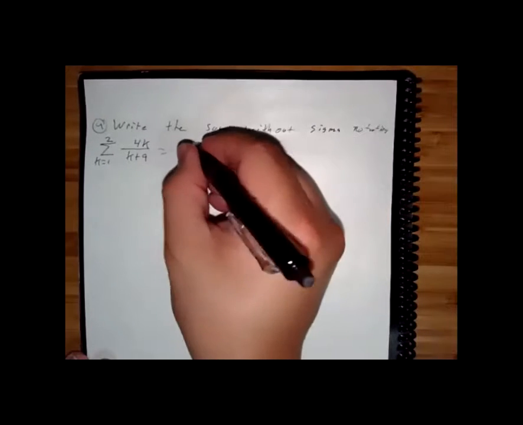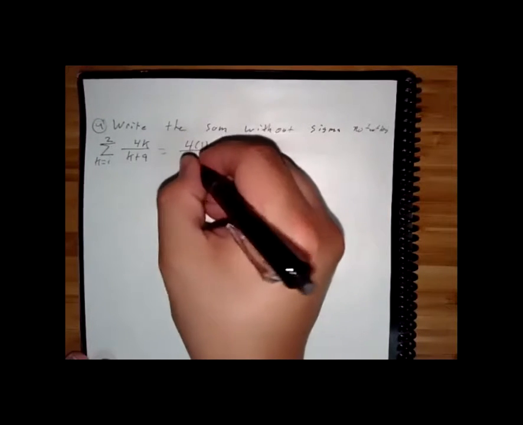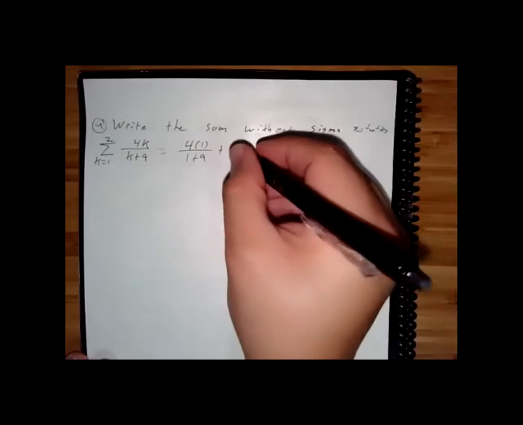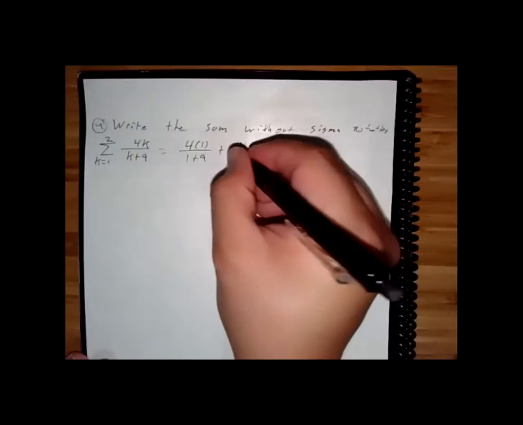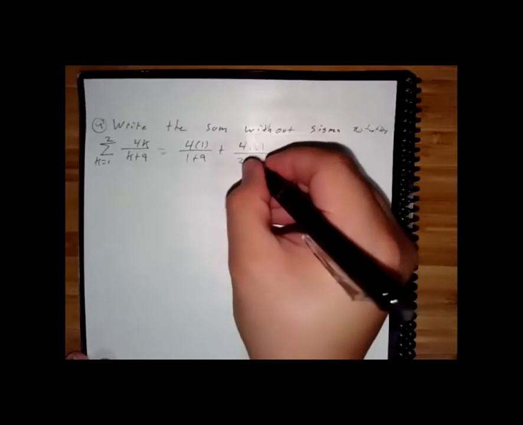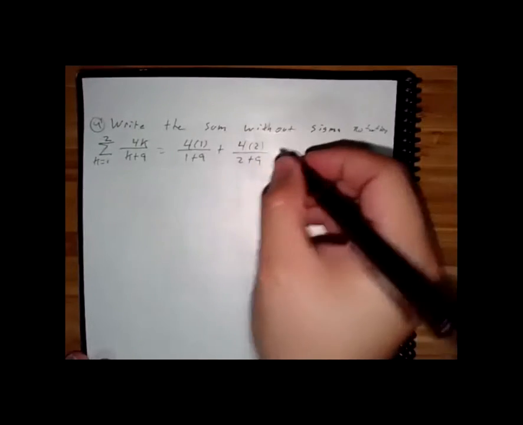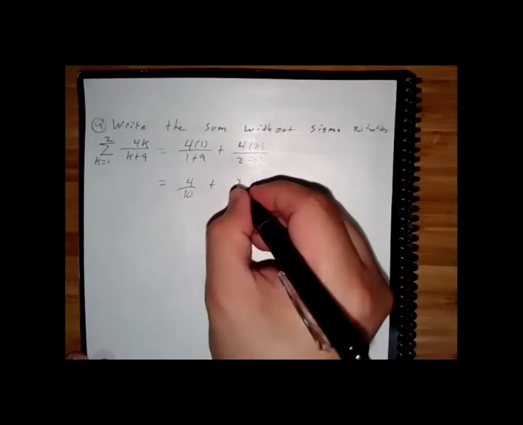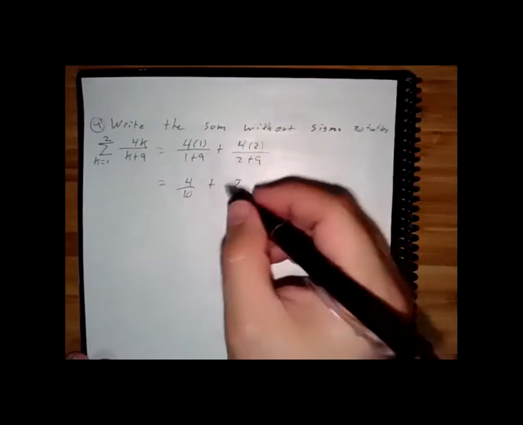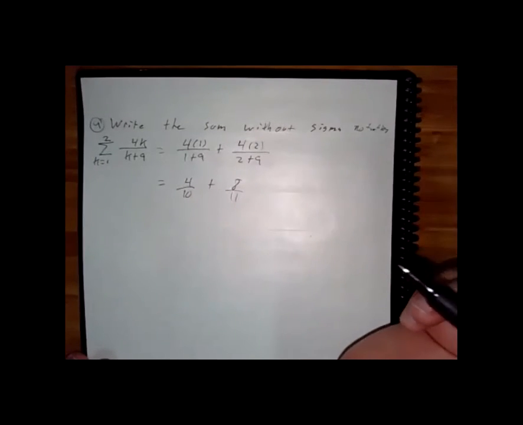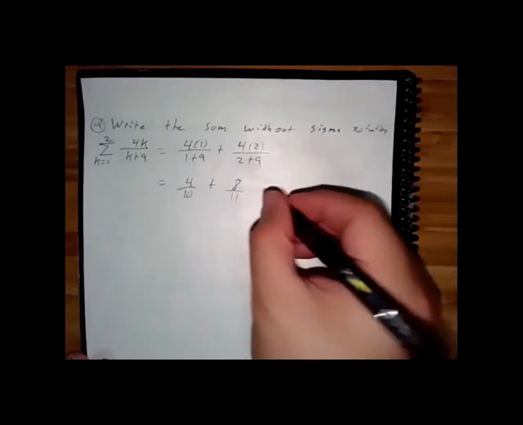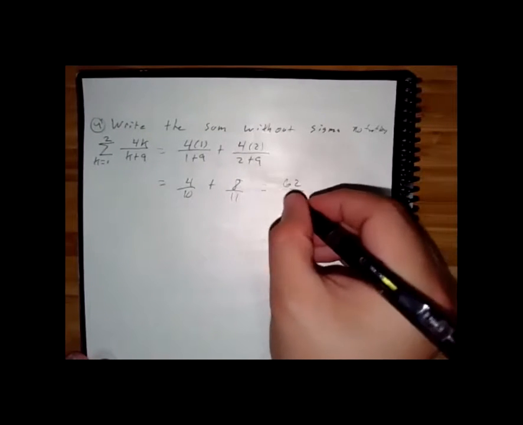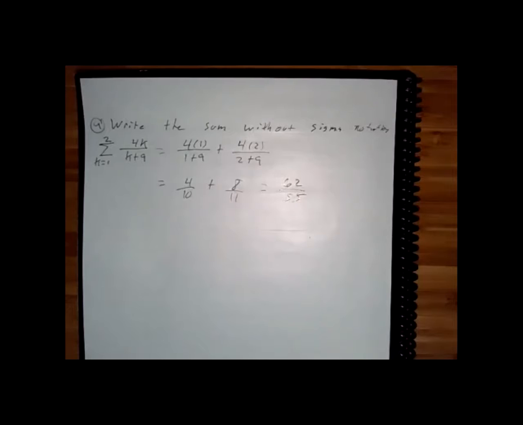So start at 1: 4 times 1 over 1 plus 9, plus 4 times 2 over 2 plus 9. So it'll be 4 over 10 plus 8 over 11, which is 62/55.